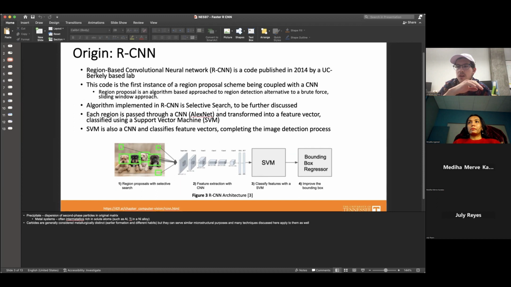The output of that is your feature vectors, but it doesn't tell you what those feature vectors are. Those feature vectors are passed into the support vector machine, the SVM, which is what's actually used to classify them. So they operate in an isolated sense, and there's no communication between the two networks aside from passing the vectors.